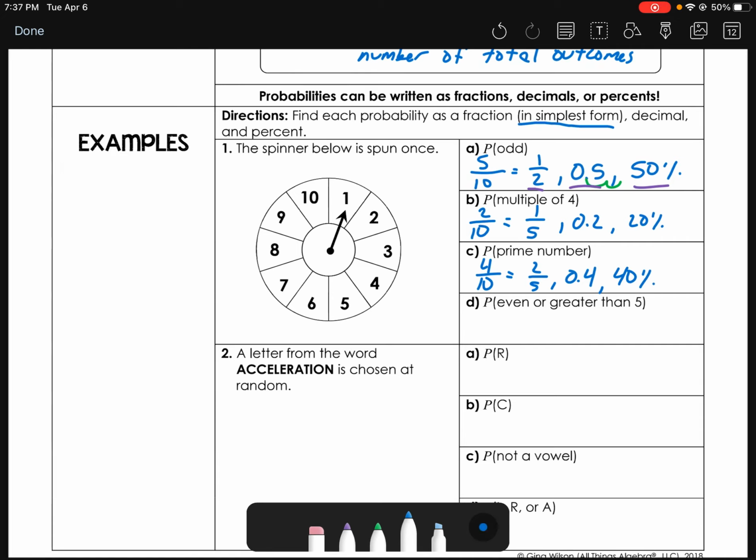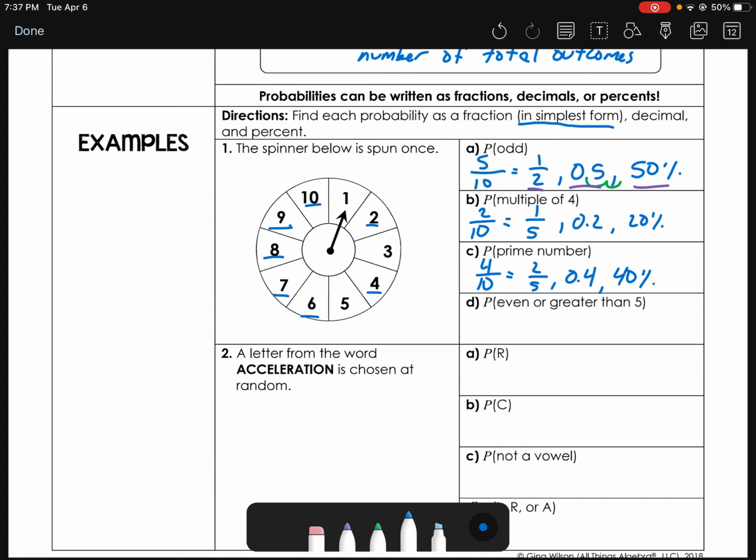All right, and then D, the probability that we have an even or greater than 5. So if I just go through and look at all my evens, I'd have 2, 4, 6, 8, and 10. And then also greater than 5. So 7 is greater than 5, and 9 is greater than 5.